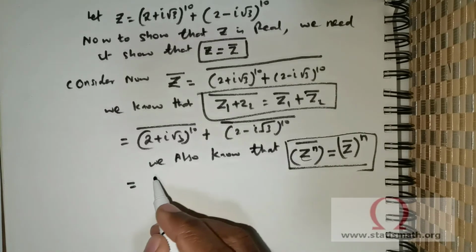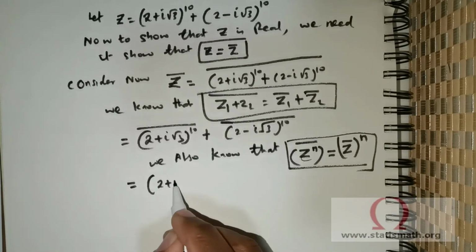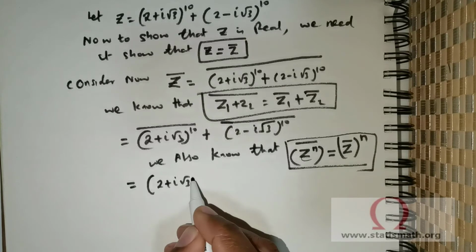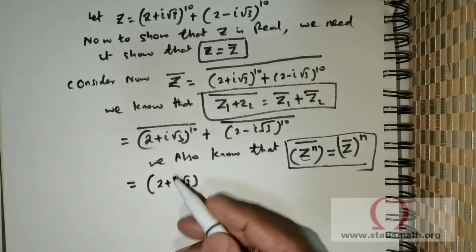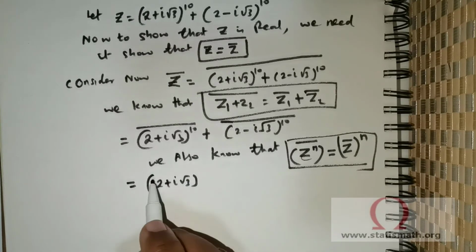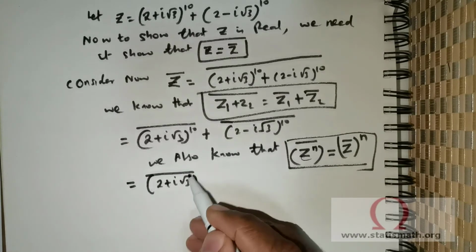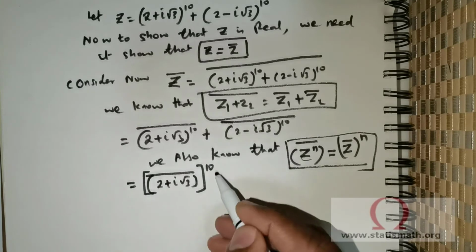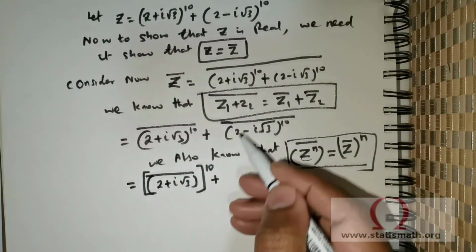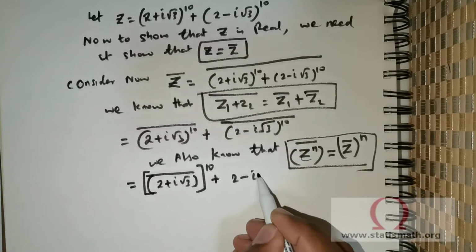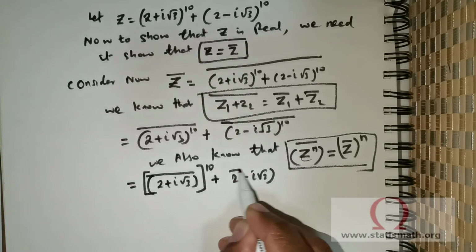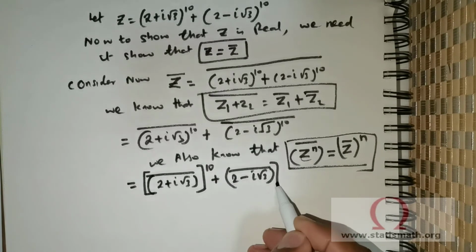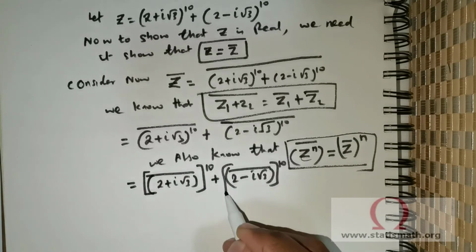So that would mean we will now have 2 + i√3, so we are bringing the conjugate of it, and that is being raised to the power of the exponent. Similarly, the conjugate is brought inside 2 − i√3, and then raised to the power 10.